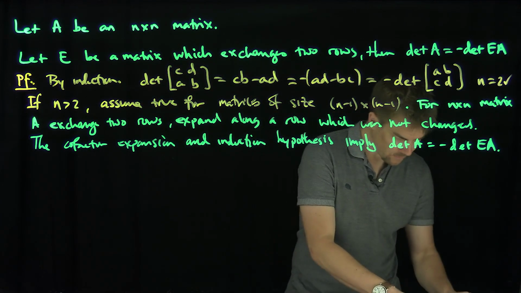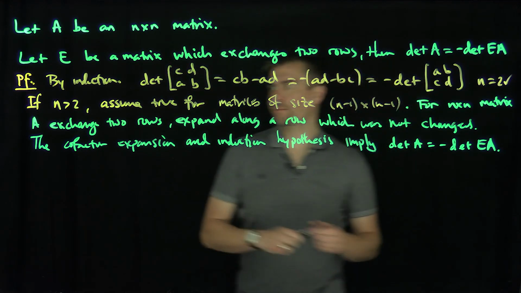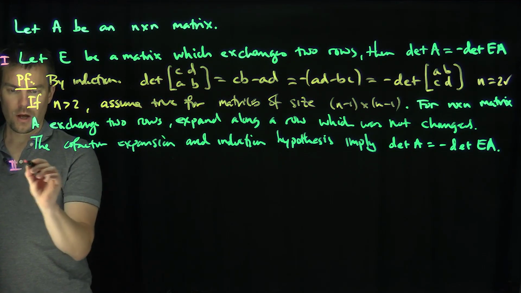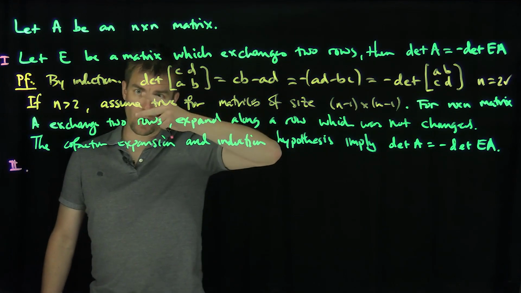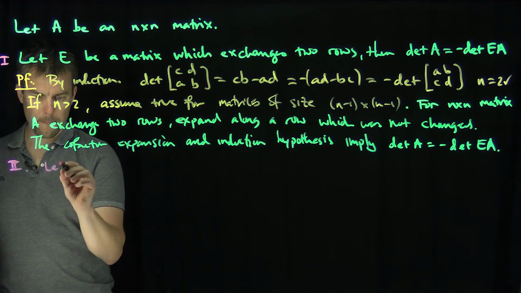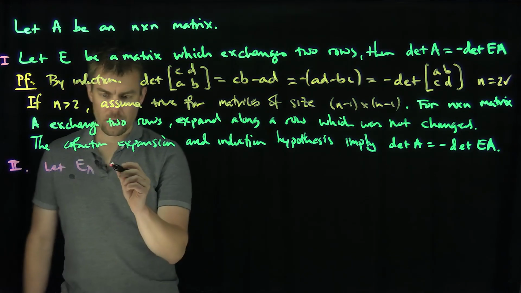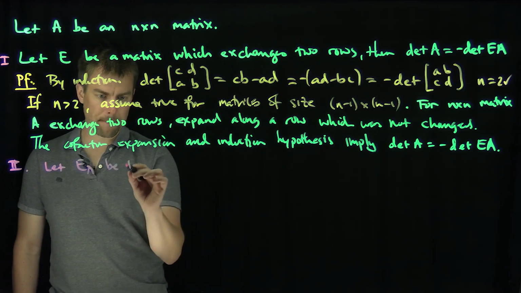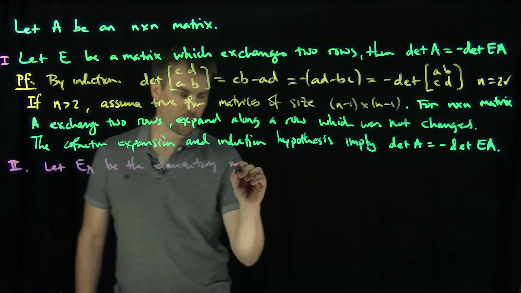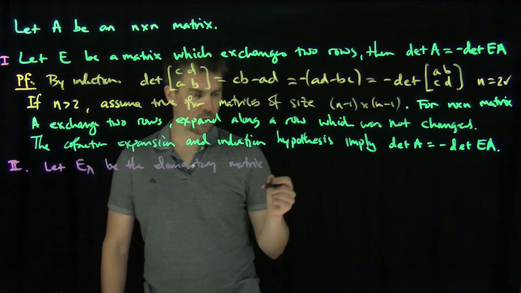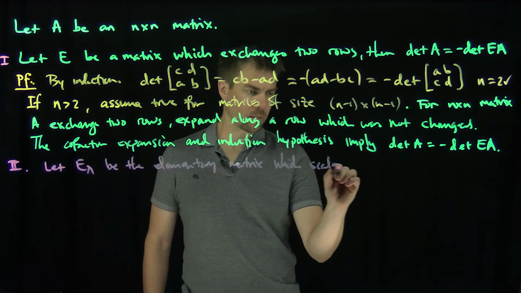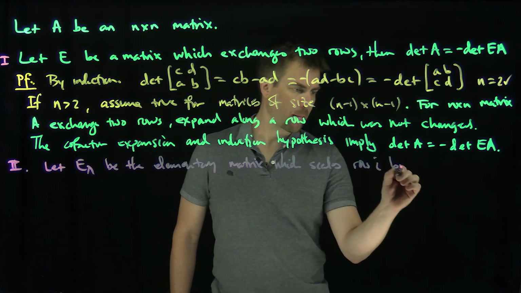Great, that's one property. Let's call this property number 1. Let's call this property number 2. We have interchanging two rows, and we also have scaling a row. So let E lambda be the elementary matrix which scales a row, say row i, by lambda.